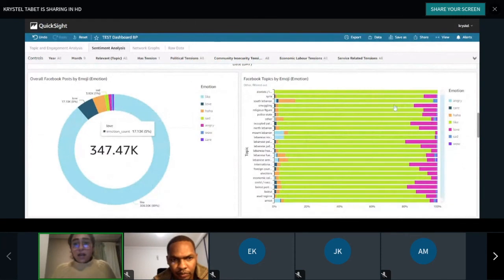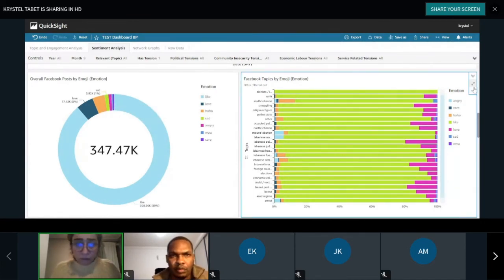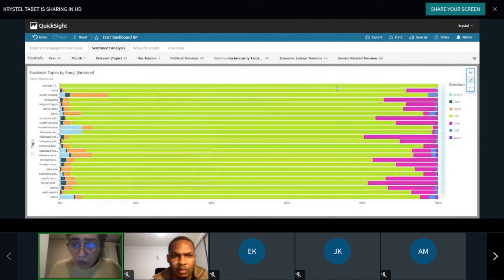These are the same graphs, but based on the like function on Facebook, so love, haha, etc. And we can see that generally 89% is like, which we count as neutral, as the analyst behind it. Love, there's 5%, sad, haha, etc., angry. But this, which is also very interesting, if we look at this, for example, on the topic of the Israeli government, it's like.